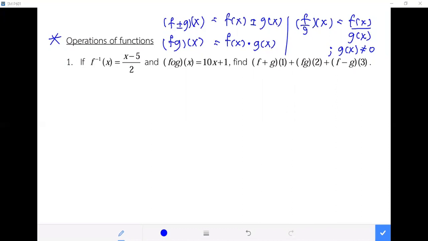I taught you in the class already, like this one. If you want to get f, you can just swap f inverse to the other side. So x is f inverse of x minus, oh no, not f inverse, I'm sorry, f of x is x minus 5 over 2.